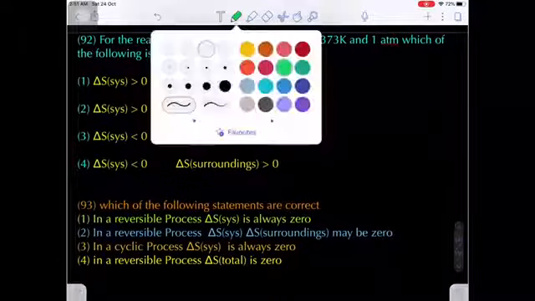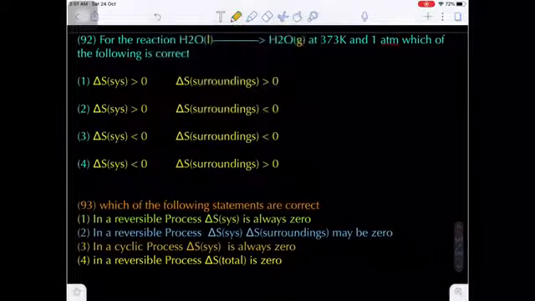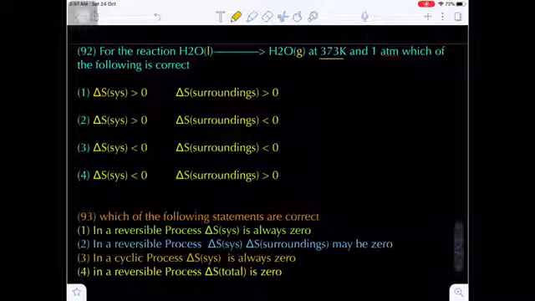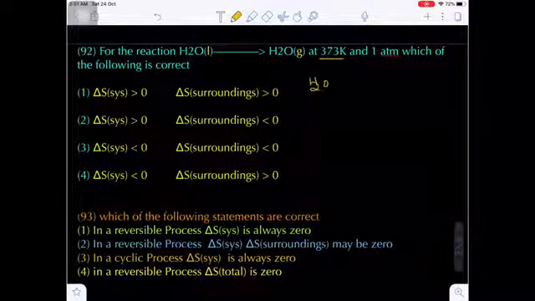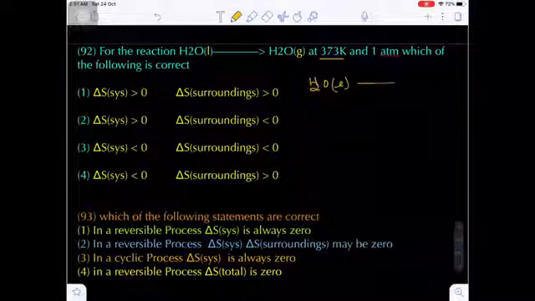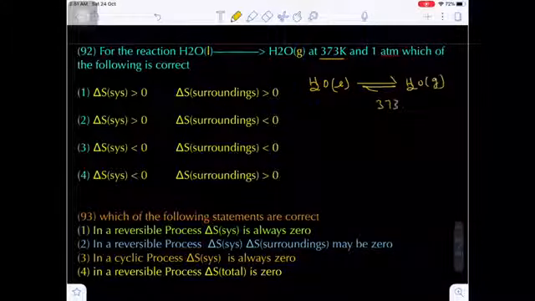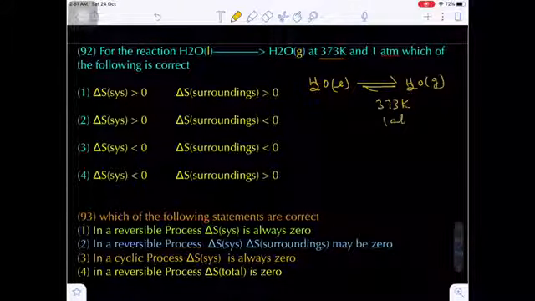Now question number 92. What is the reaction given? H2O liquid to H2O gas. At which temperature? 373 Kelvin. At 100 degrees Celsius, liquid water and vapor, that is the steam, both exist in dynamic equilibrium, at 373 Kelvin and atmospheric pressure.